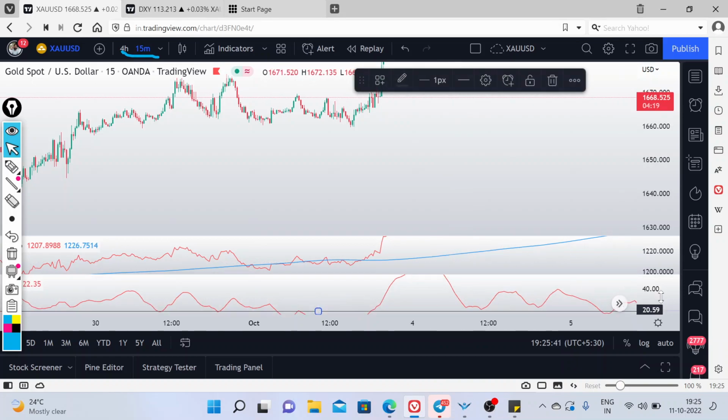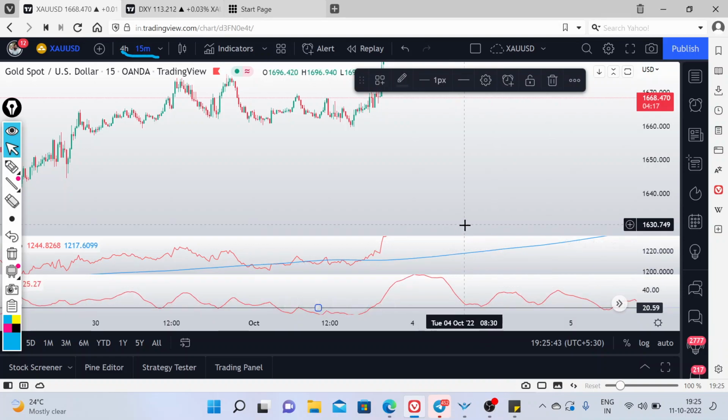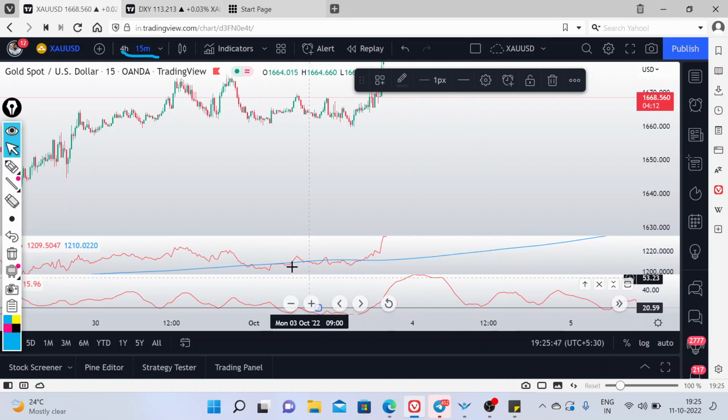Okay, roughly you have to place this at 20. So what does this mean? Whenever you get frequent signals like this one, at this place, you have to watch the ADX.